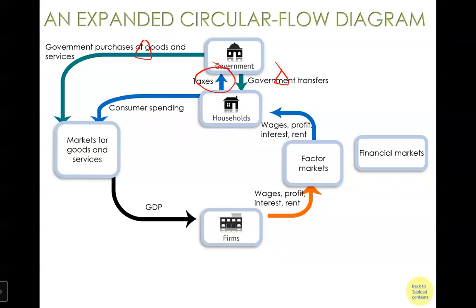Now, with the help of the financial market, the government can borrow from the financial market, and similarly, firms can borrow. But you may be wondering, where is the money coming from? Where does the money of the financial market originally come from?